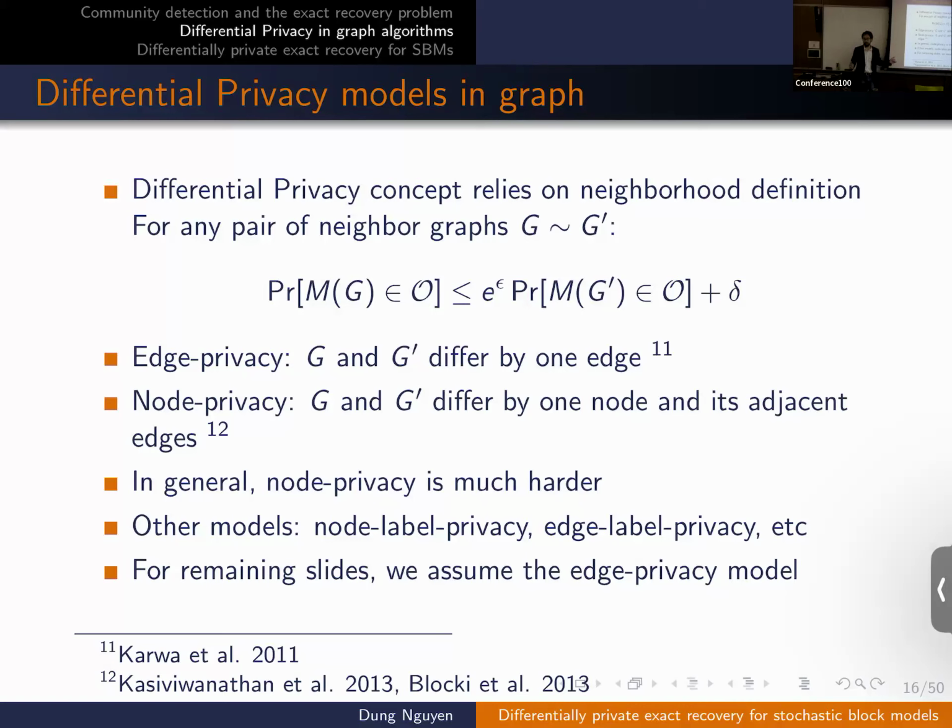We have node privacy, where two neighboring graphs differ by one node and its adjacent edges. Usually, node privacy is very difficult to achieve, and some problems, for example community detection, are only feasible in the edge privacy model. So for the remaining part of the talk, I will assume the edge privacy model.